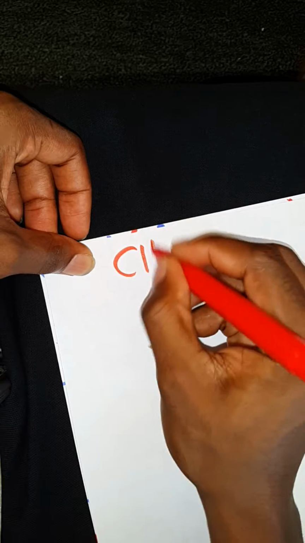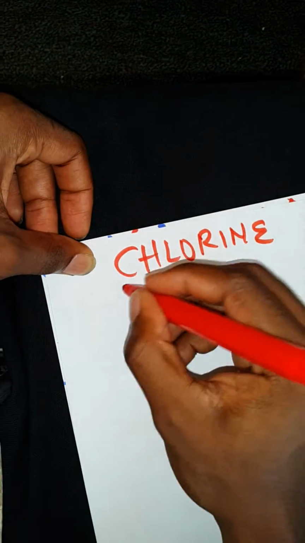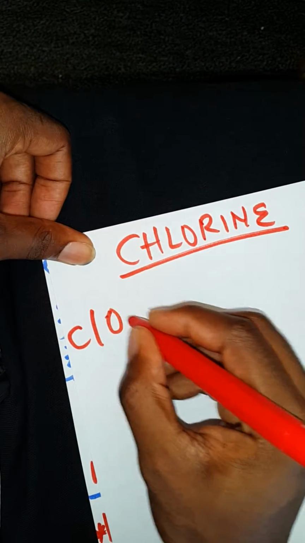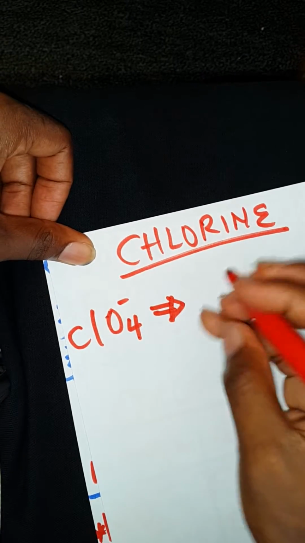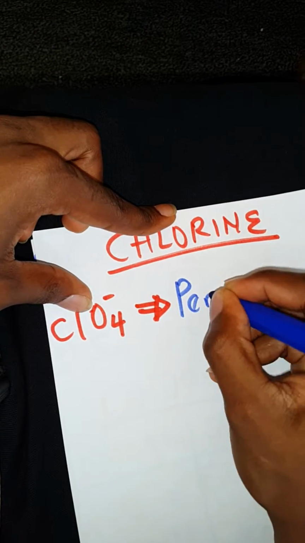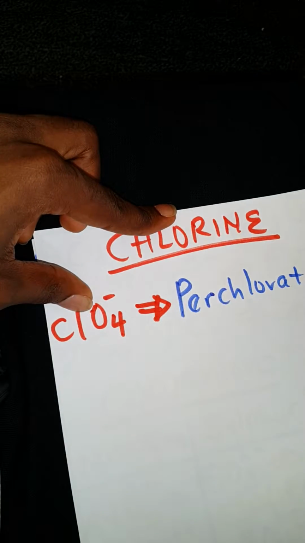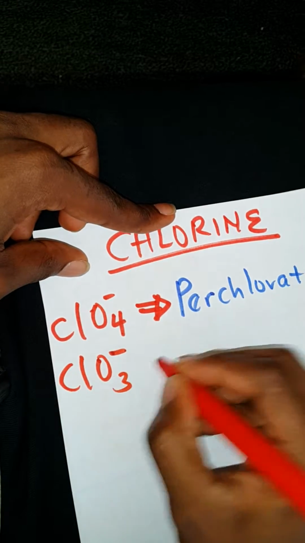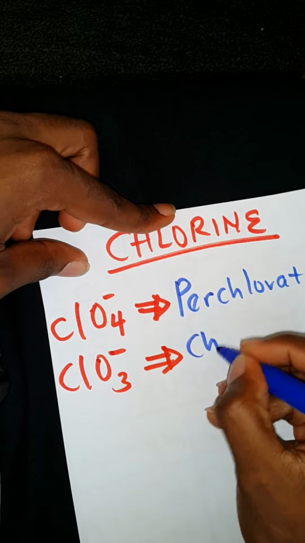For chlorine, we have ClO4, which is called perchlorate. We have ClO3, which is called chlorate.